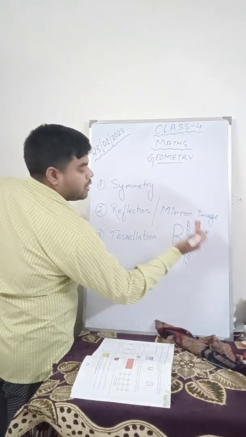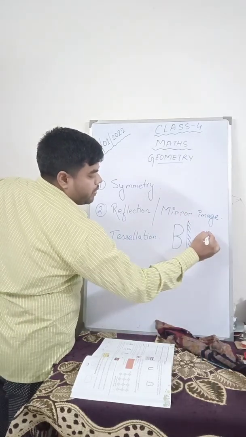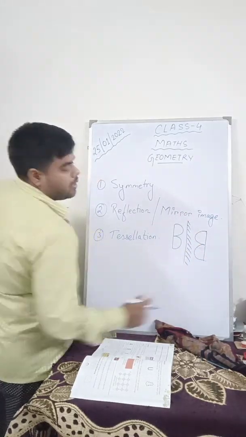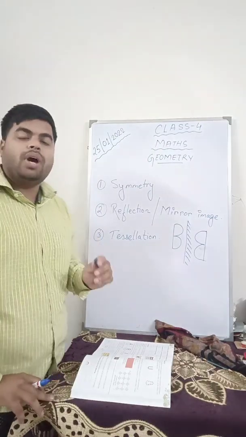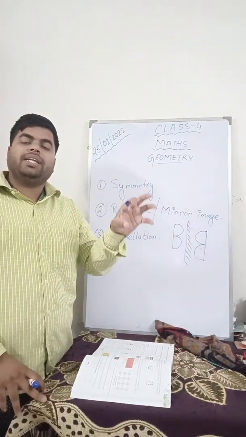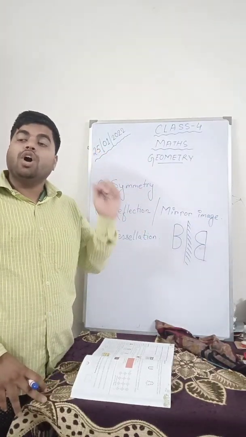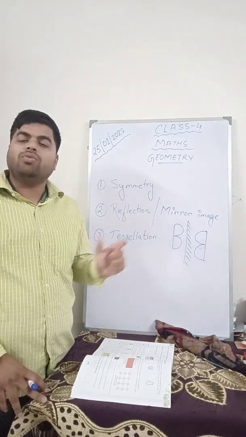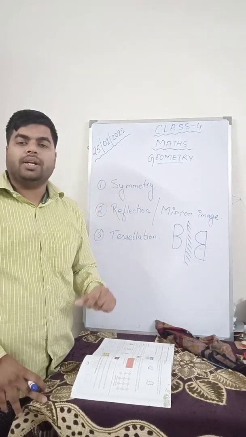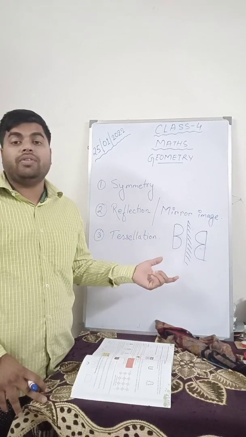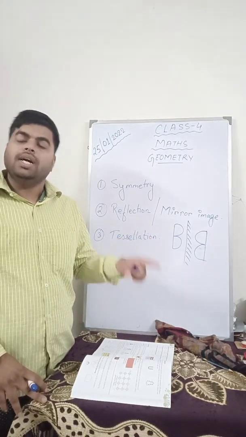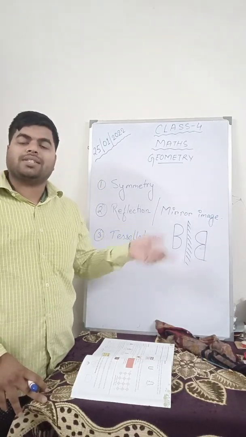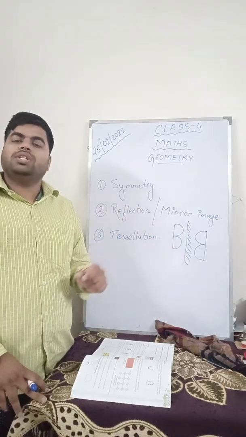If you just turn this shape, when you see it in the mirror, you will see it like this. So you have to think how the figure will look in the mirror. It is not necessary that they will only give you the original figure and you have to draw the reflection. Sometimes they can give you the reflection and ask you to draw the original image.